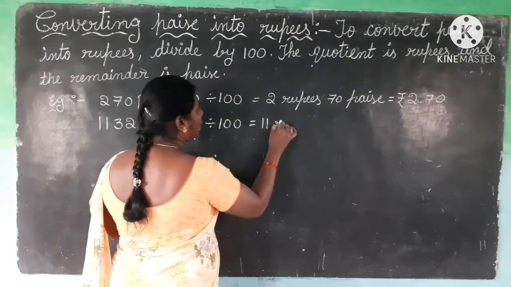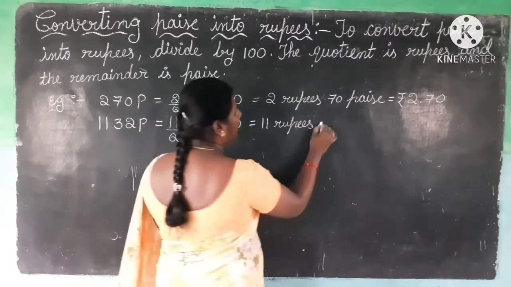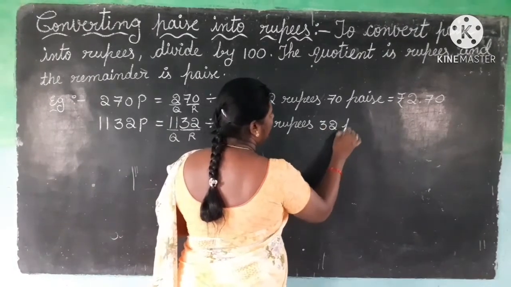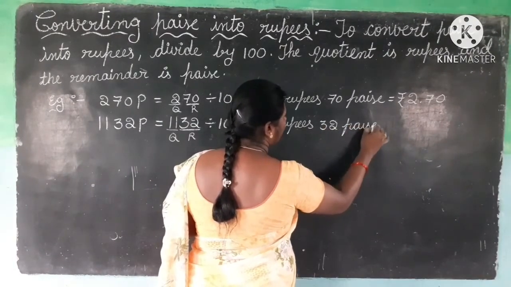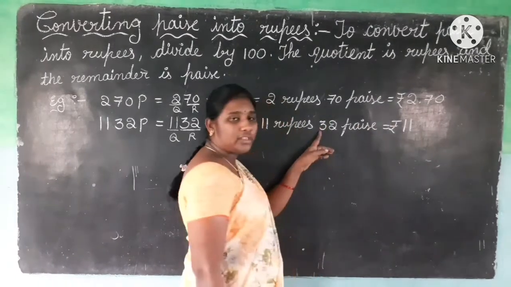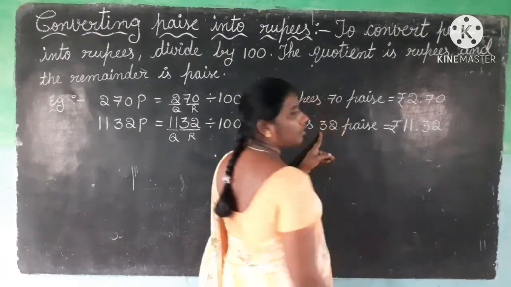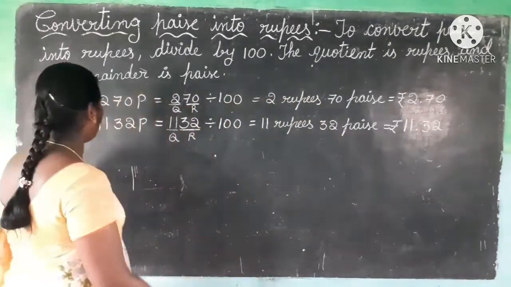So 11 rupees 32 pies. The answer is rupees 11.32. It is more than 10, so 11.32. Next.